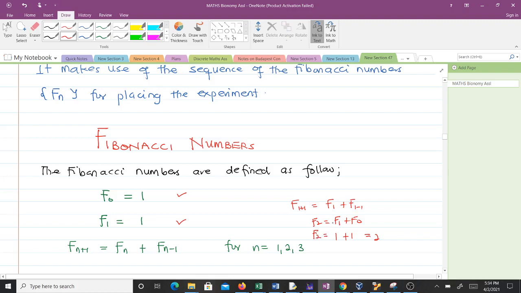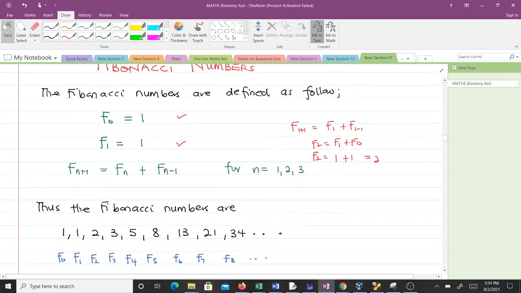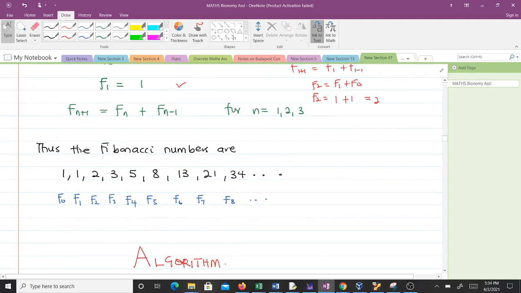That's how we generate them. So the Fibonacci numbers are what you can see here: f0 is 1, f1 is 1, f2 is 2, f3 is 3, f4 is 5, and it goes on. We use this relation here to generate them.